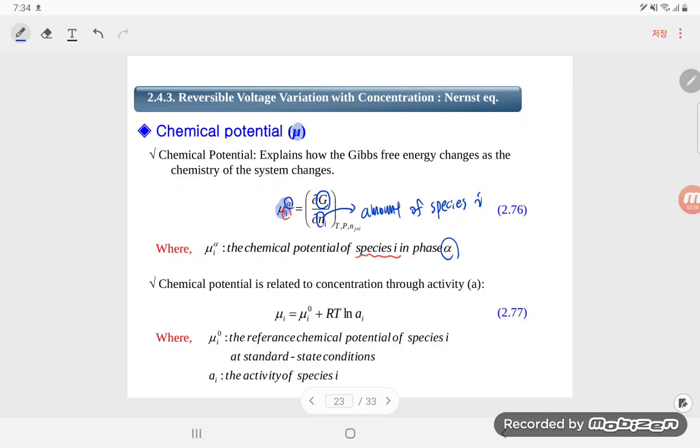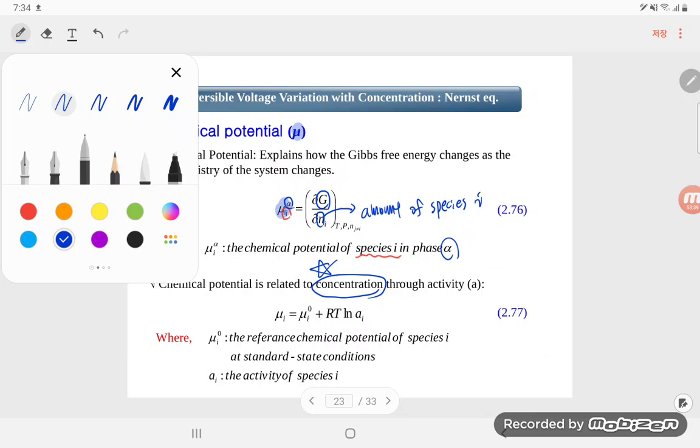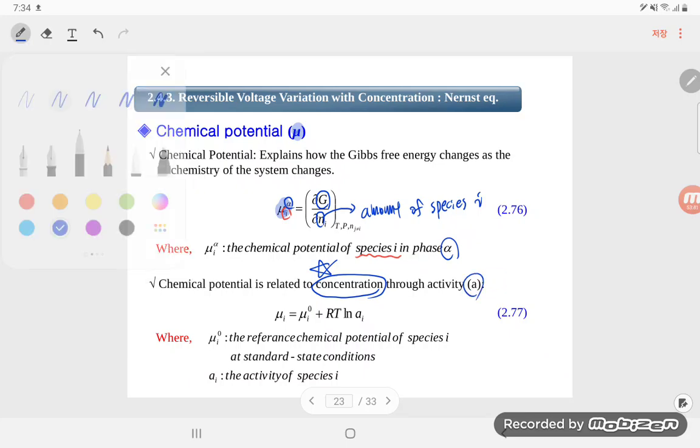The chemical potential is related to concentration. Okay, concentration, that is very important. Concentration through activity a.